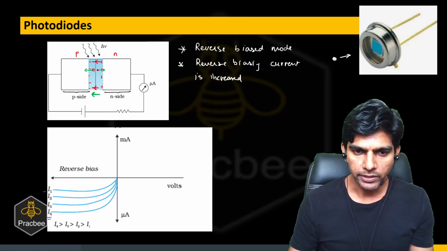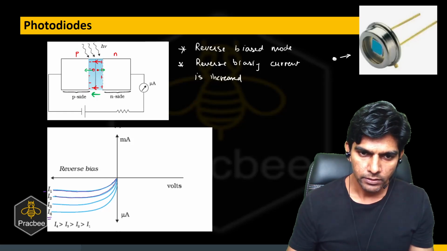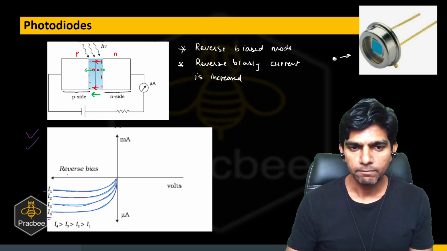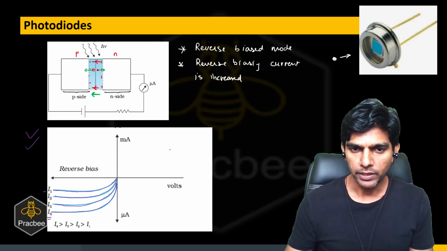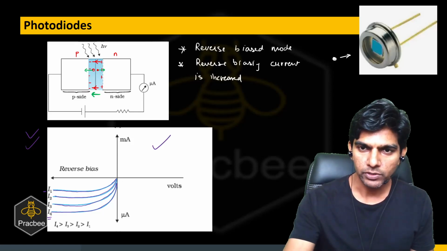Can you see, in case of I1 the reverse saturation current is small, but as the intensity is increased, it keeps on increasing like this. This is the basic VI characteristic for a photodiode, and it is always operated in reverse biased mode. You have to remember that, and you should remember this graph. I hope the concept about the photodiode is clear.